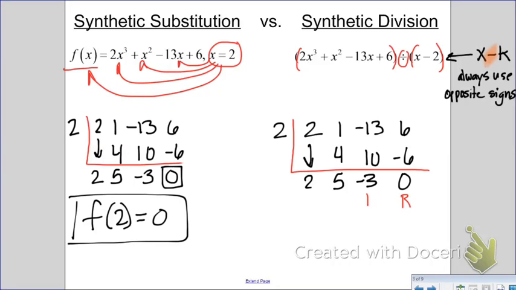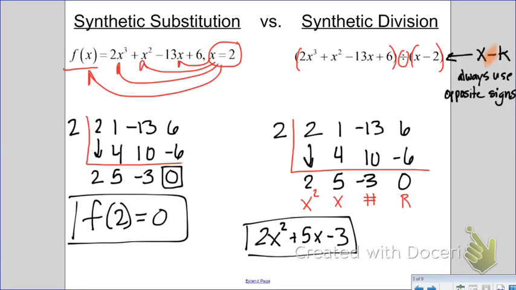The negative 3 is your number without an x next to it. Your 5 is the coefficient for the x, power of 1, and your 2 is for the power of 2. So the way that we write this out is 2x squared plus 5x minus 3. Since there's no remainder, this is actually my answer.